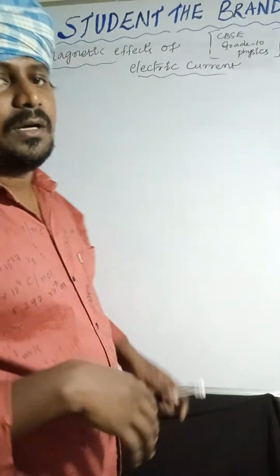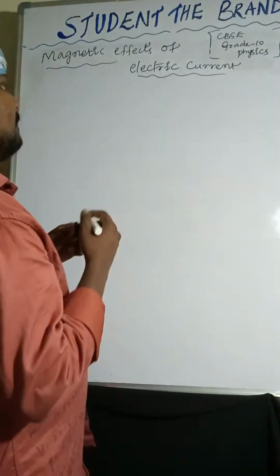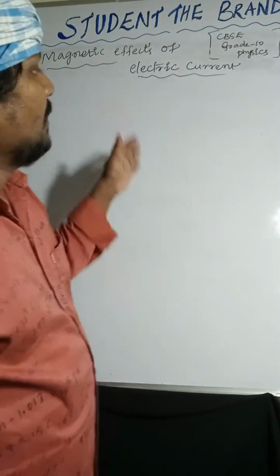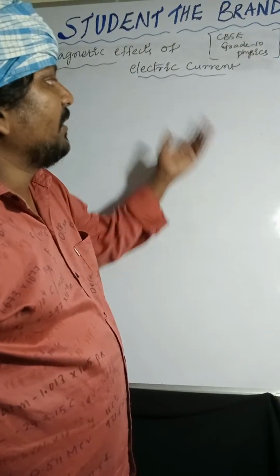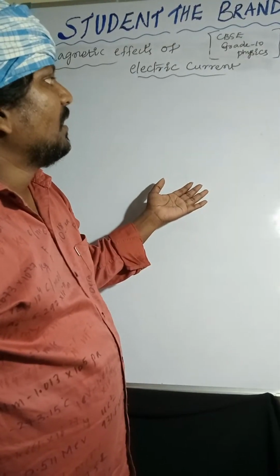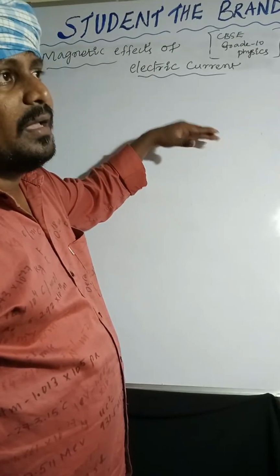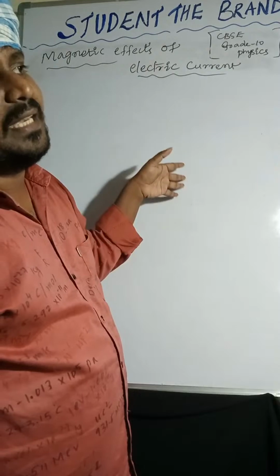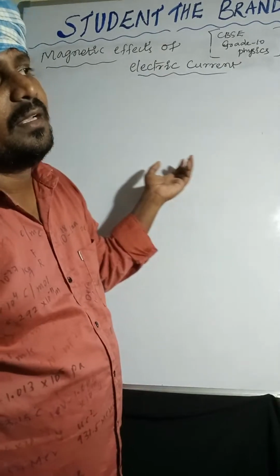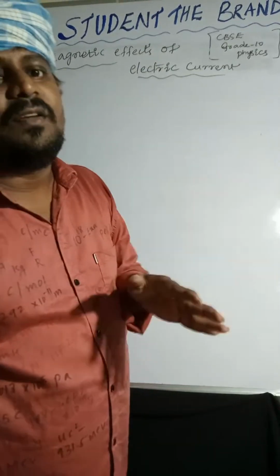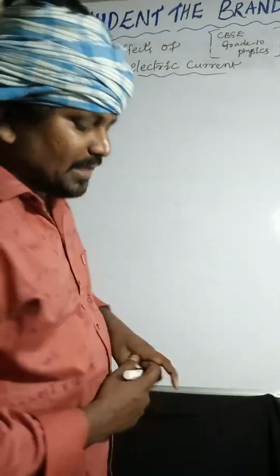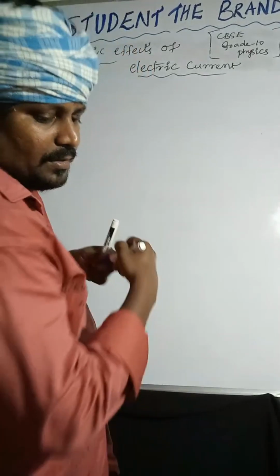So that is about current passing through the conductor. The magnetic field will be around the conductor. So the magnetic field around the bar magnet, and if the current is passing through the straight conductor, the magnetic field will be there. These two we discussed. Now I am considering the loop.